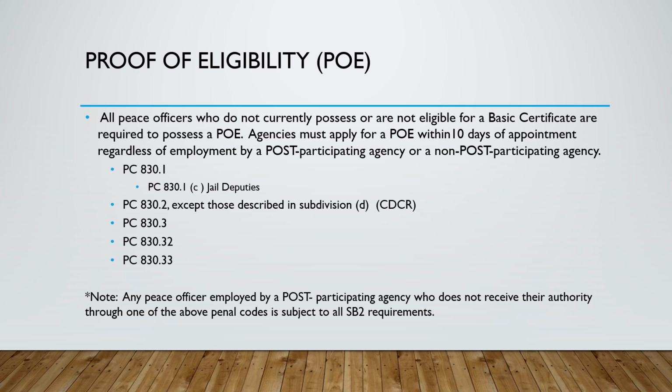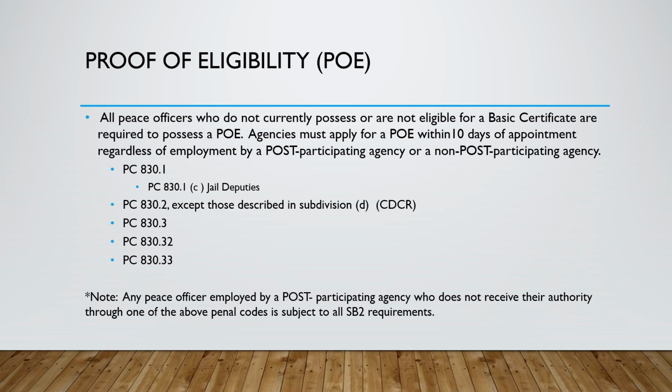All peace officers who do not currently possess or are not currently eligible to possess a basic certificate will be required to apply for proof of eligibility within 10 days of appointment, regardless of whether they are employed by a post-participating agency or a non-post-participating agency.